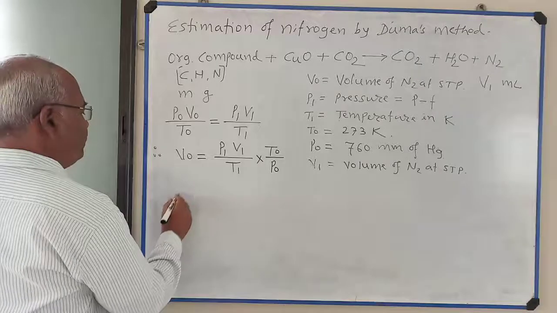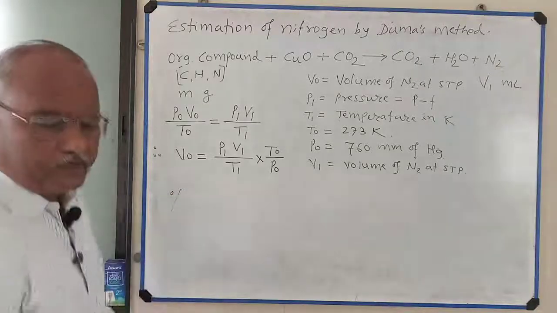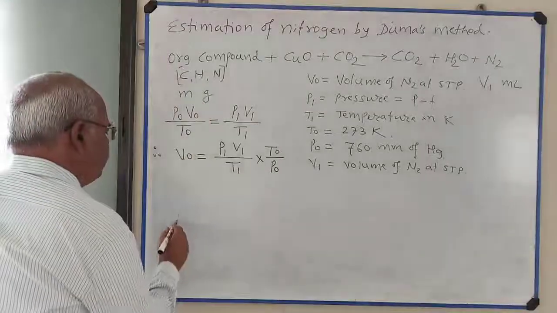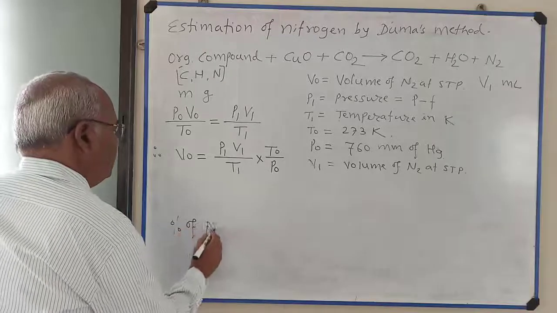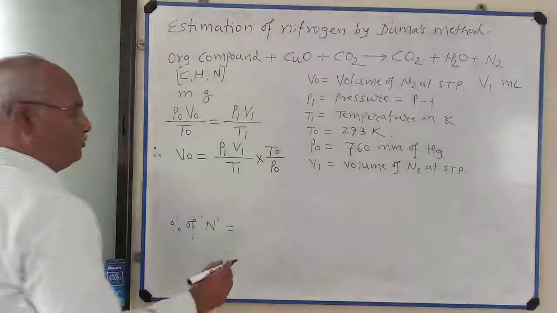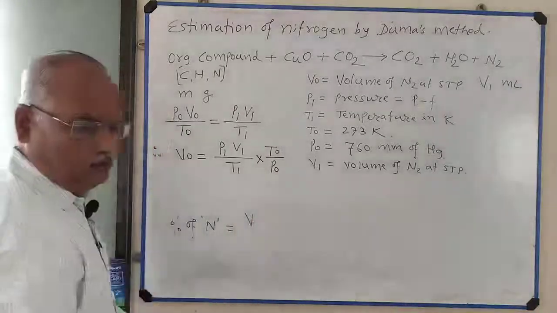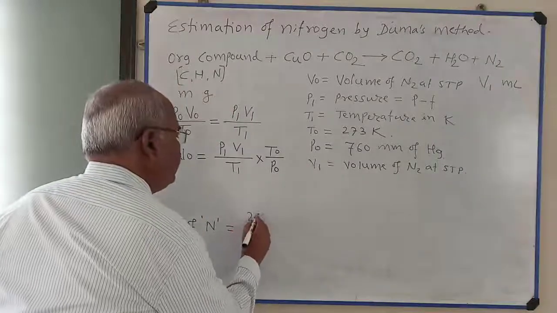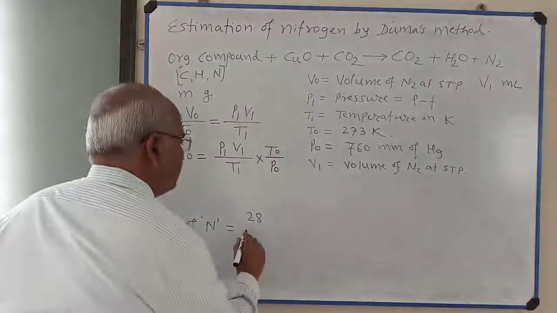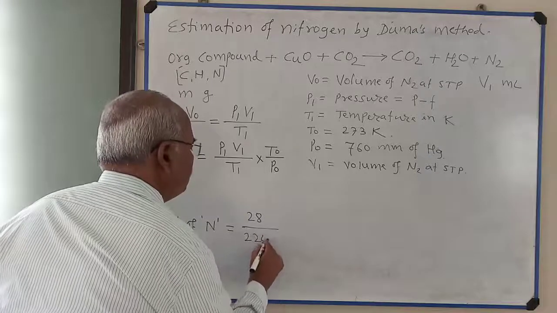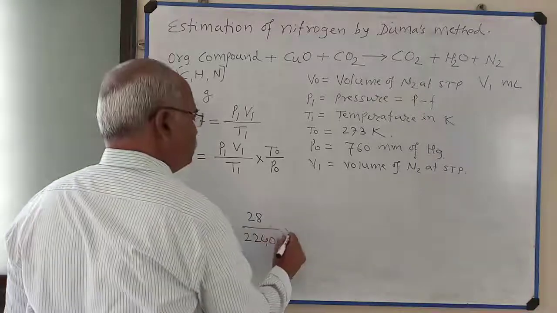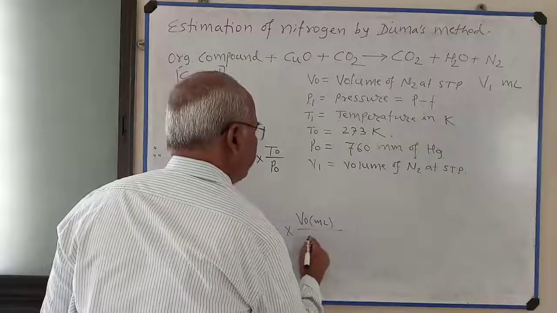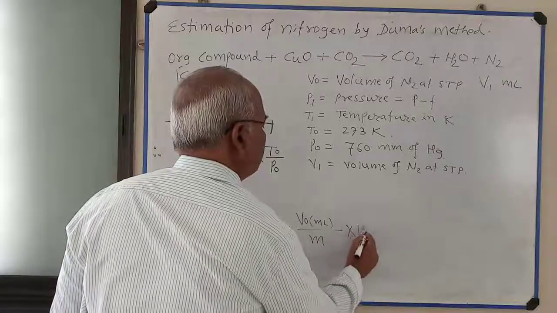Then percentage of nitrogen is equal to 28, molar mass of nitrogen, divided by 22400 into phi 0 ml of nitrogen divided by m into 100.